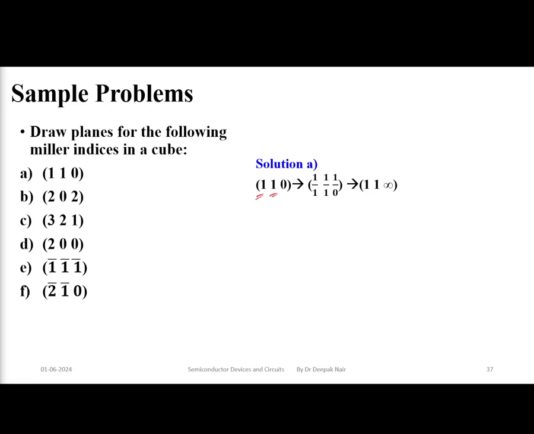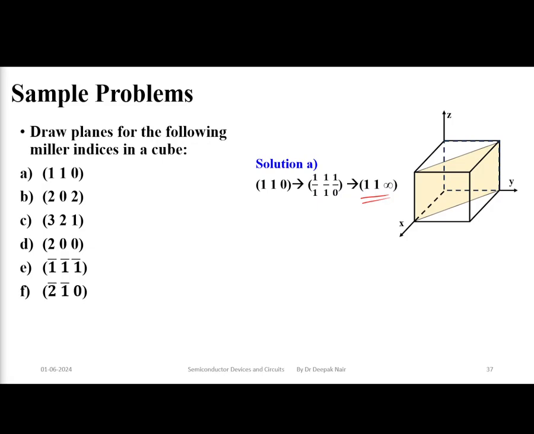Here it is 1, 1, 0. If you take the reciprocal, you have 1 divided by 1, 1 divided by 1, and 1 divided by 0. So you will get 1, 1, and 1 divided by 0 will give you infinity. So how do we represent this? Simple. Remember, the first 1 represents the x-axis, so the plane will be touching the x-axis.